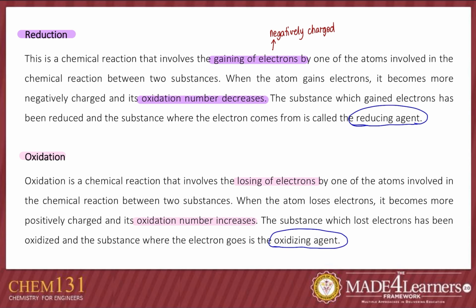So, this reducing agent is the oxidized substance. And the substance where the electron goes, the electron goes to the substance that will undergo reduction, the one that receives the electron. So this oxidizing agent is the reduced substance.